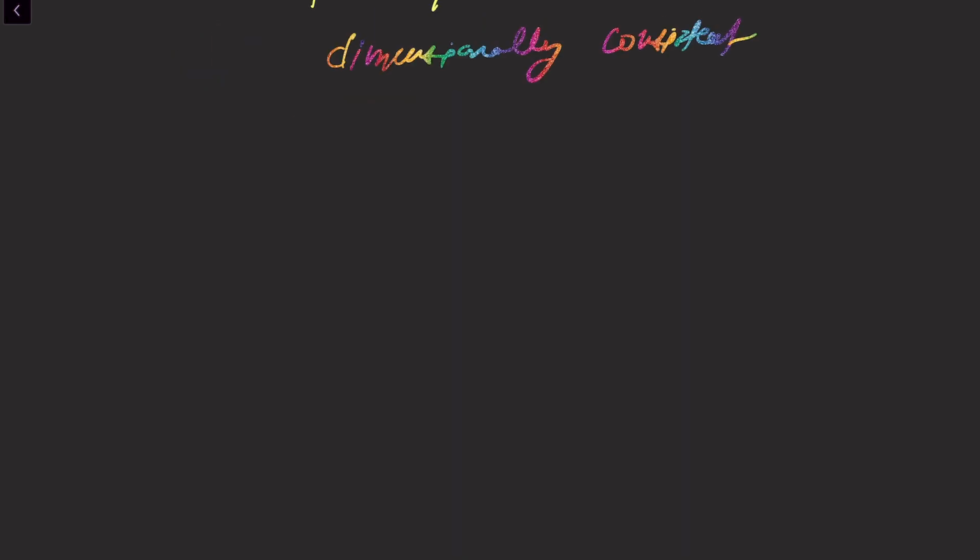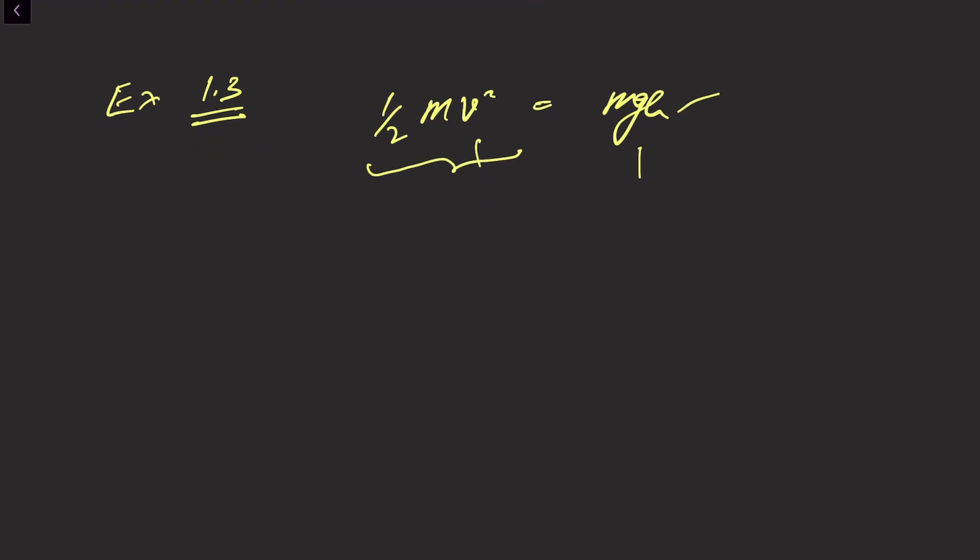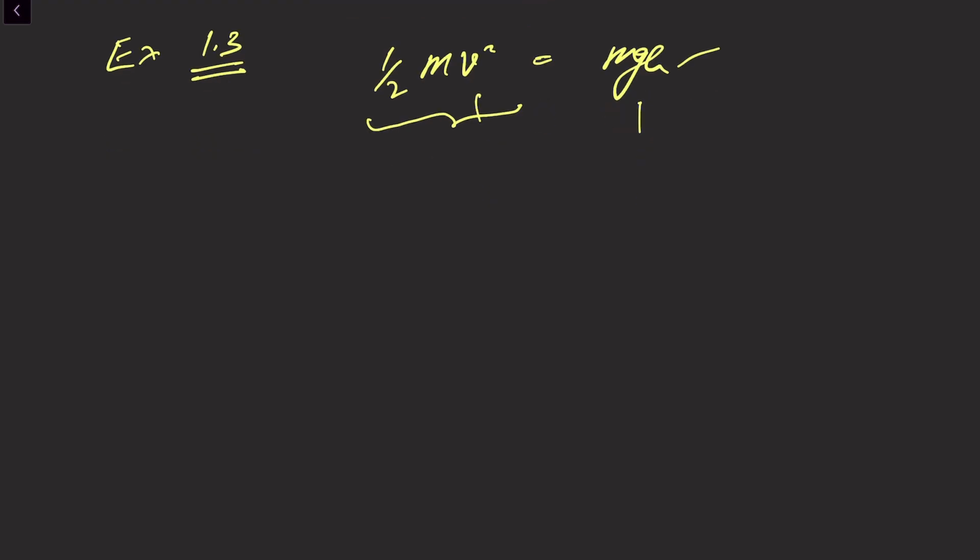Let us consider example 1.3. 1 by 2 m v square equals m g h, where m is the mass of the body, v is its velocity, g is the acceleration due to gravity, and h is the height. Check whether the equation is dimensionally correct. We will first write the dimensions. We do not consider the constants, only the dimensions of the base quantities. For m it will be M, and here it is v square.